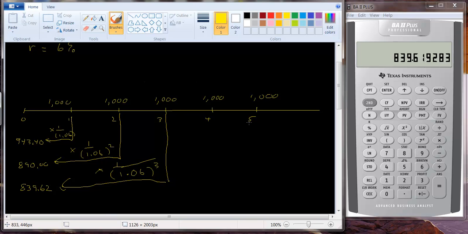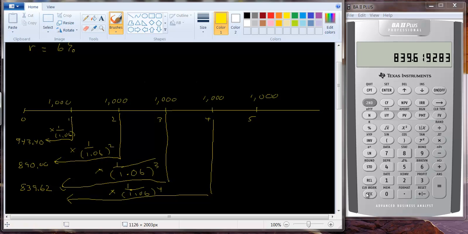Okay, and then we have to bring back the year 4 cash flow. So a little tedious here, but not very hard. You're just finding the present value of each individual cash flow. So let's multiply that by 1 over 1.06 to the 4th power.